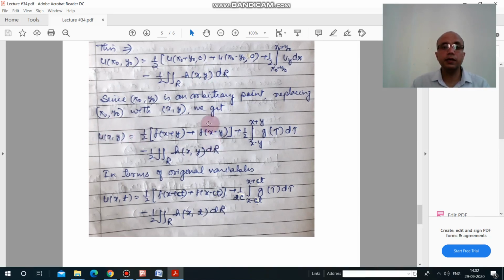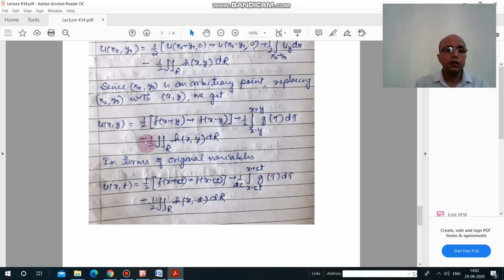So now we have the result in the form of u(x,y). But this result is given in terms of x and y, whereas the original problem was in terms of x and t. So the solution in terms of the original variables x and t is obtained by replacing y with ct.